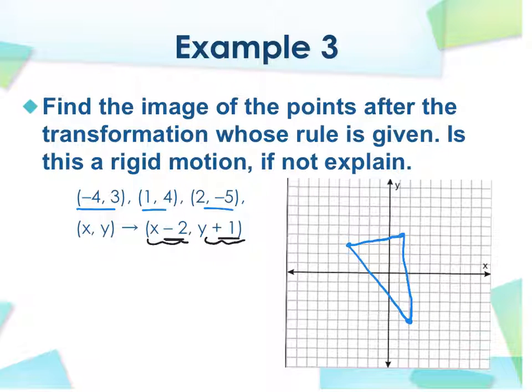All right, so here are the 3 original ordered pairs. Now to get my new ordered pairs, I'm going to take the first one, the (-4, 3). To the x, I'm subtracting 2. So my new coordinate will be -6. To the y of the ordered pair, I'm going to add 1. So my new ordered pair is going to be (-6, 4). So it's up here. Then I'm going to do the same thing to the ordered pair (1, 4).